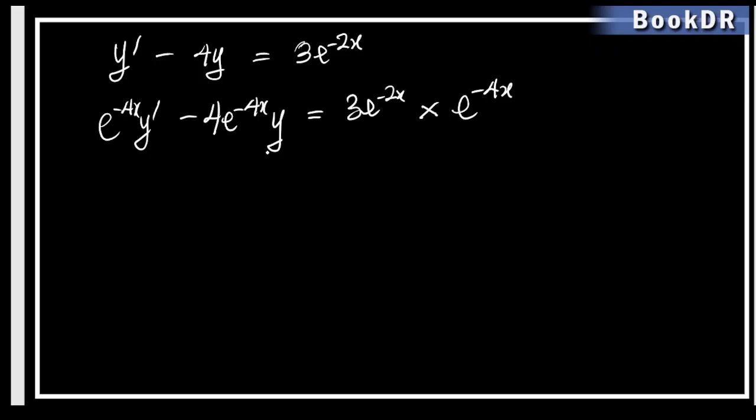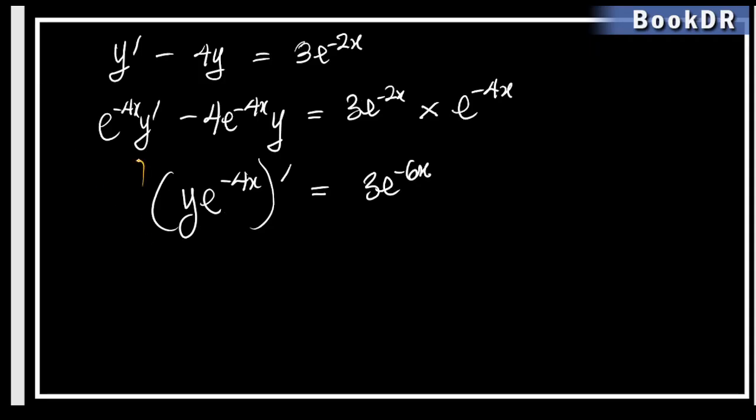The left-hand side can be written as a total derivative of the integrating factor and y. So that will be ye exponent minus 4x, the derivative, is equal to, we perform this multiplication, 3e exponent minus 6x. At this stage, we integrate the left-hand side with respect to x and the right-hand side too with respect to x.